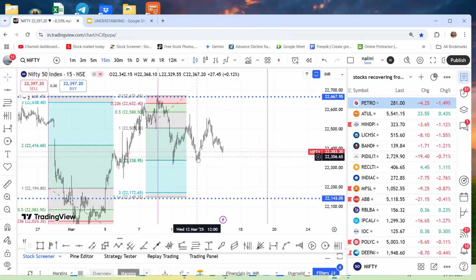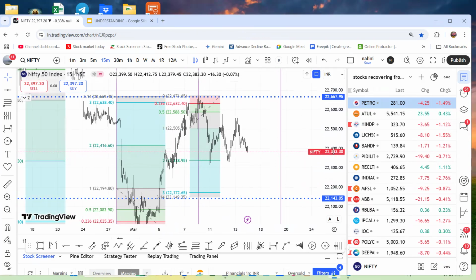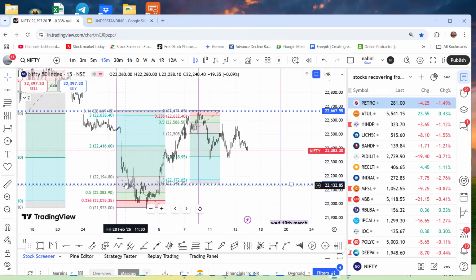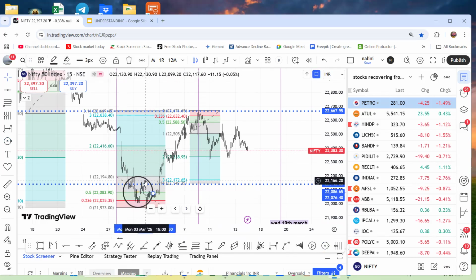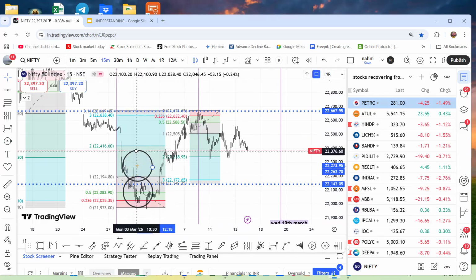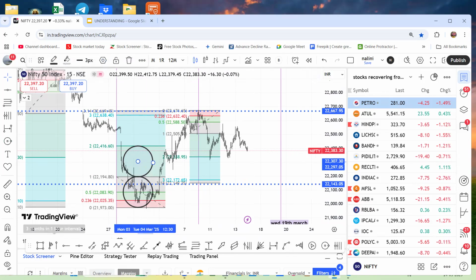The market here showed from the range, it has formed the range, and this is one range, one circle. Let me put one circle over here and clone it. To get the measured move, again I'm cloning this.